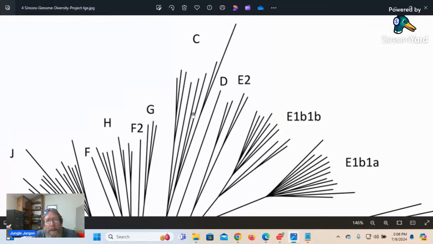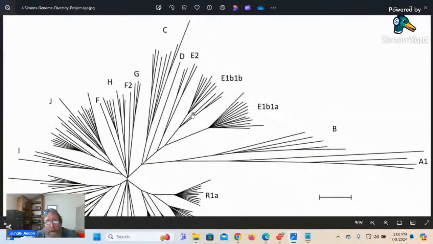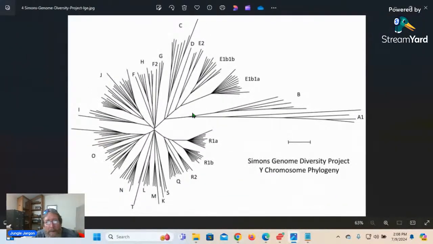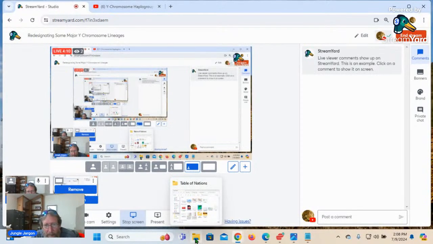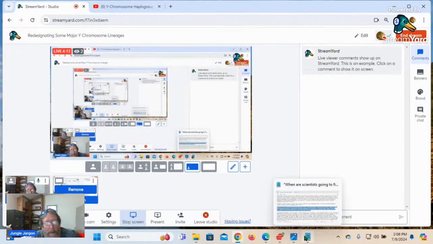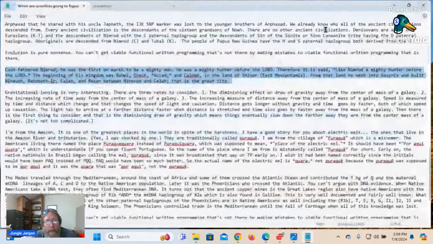And so, yeah, having the haplogroup description, the verse in the Bible that talks about Nimrod. See if I can bring that up here. There we go. If I don't have it in the description, then we'll just go ahead and pretend like it's there.